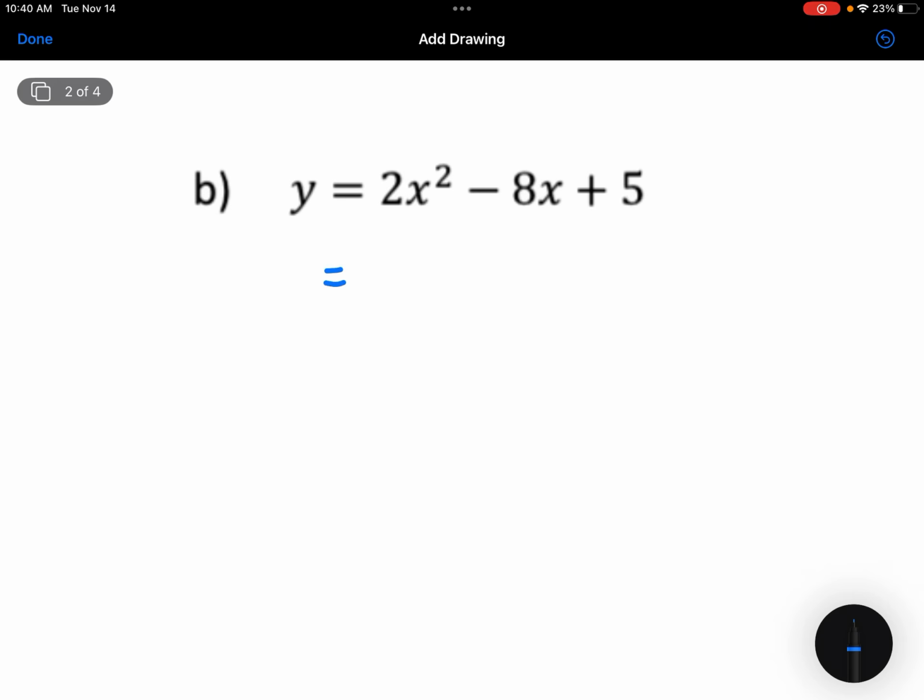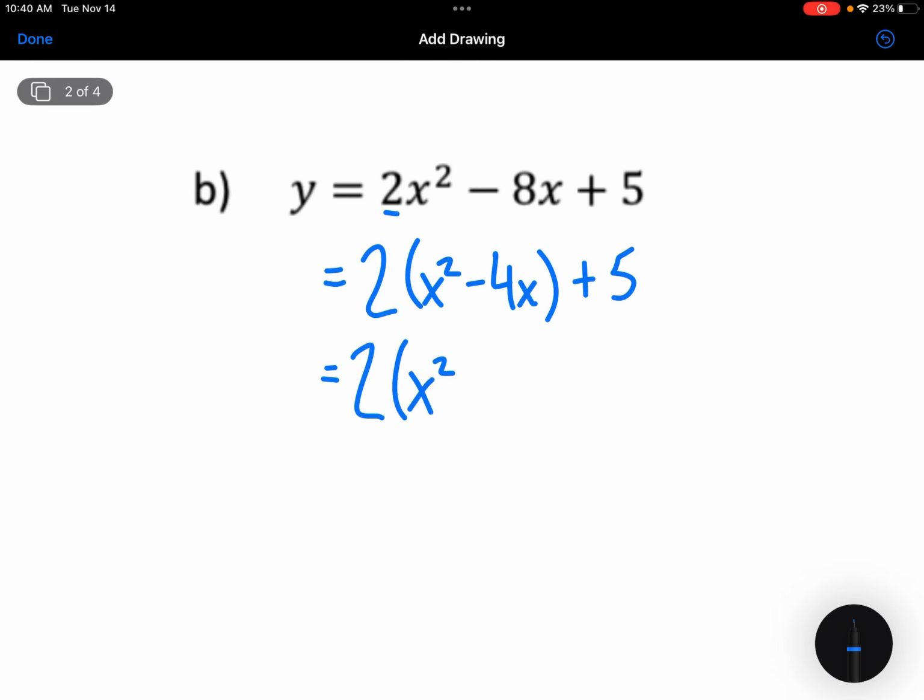So if I did this one, we're going to factor out our a value from the first 2 terms. And this one, the numbers are a little smaller, so it works a little nicer. If we've got this, I'm going to take half of 4. Half of 4 is 2.